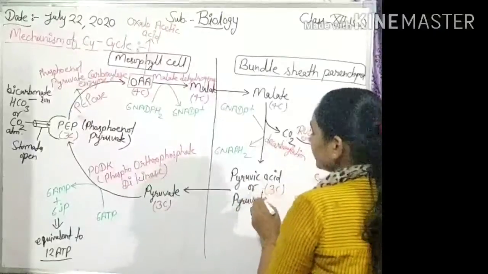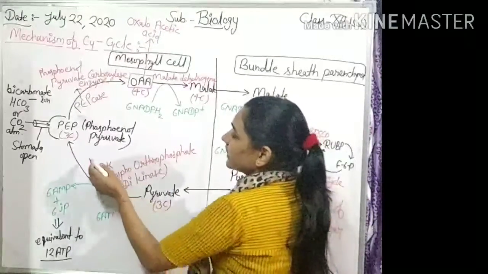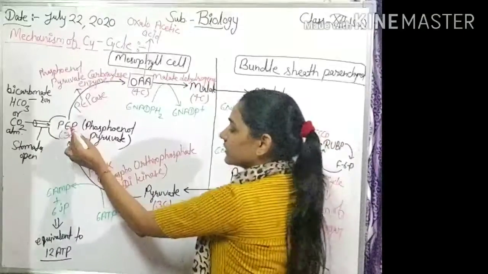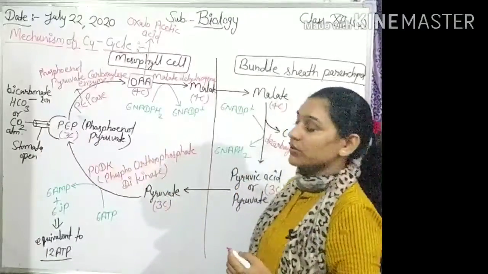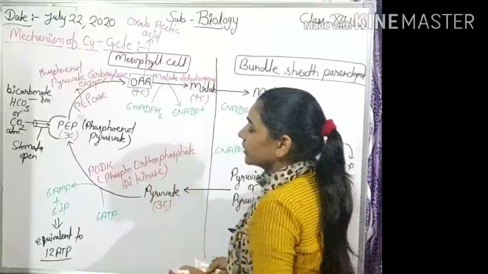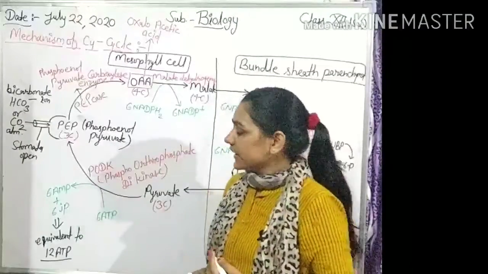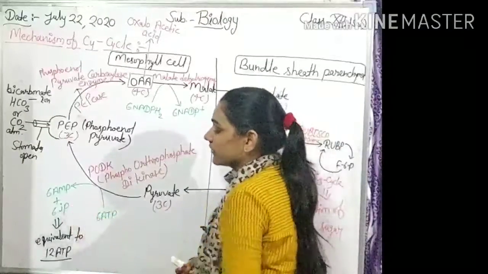And pyruvic acid passes back to mesophyll cells and converts into phosphoenol pyruvate in the presence of the pyruvate orthophosphate dikinase enzyme, using 6 ATP molecules, which convert into 6 AMP plus 6 inorganic phosphate.